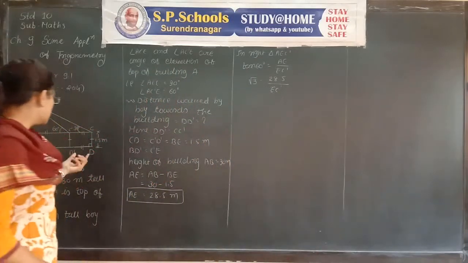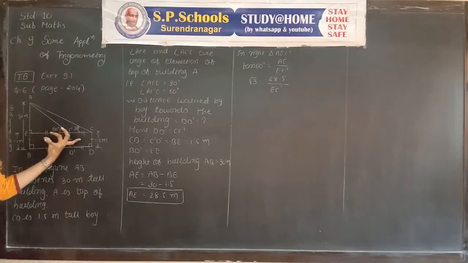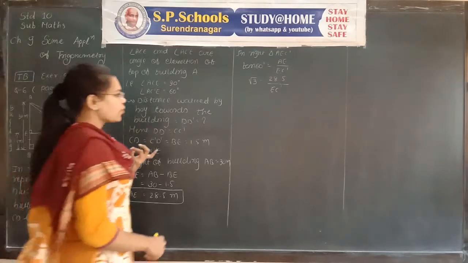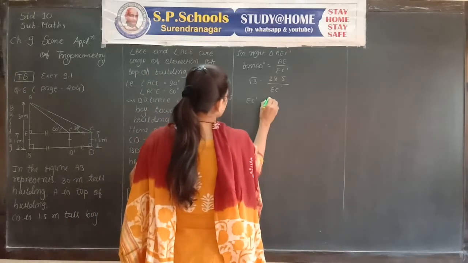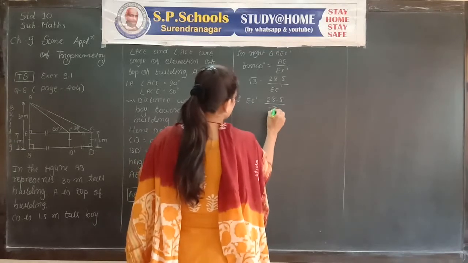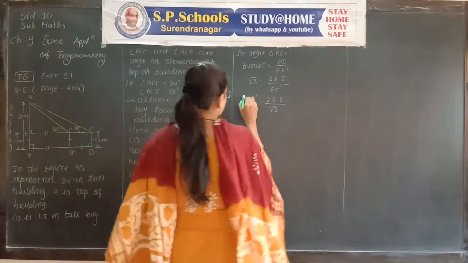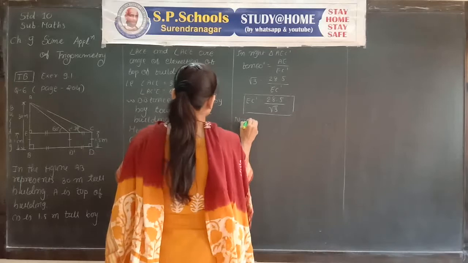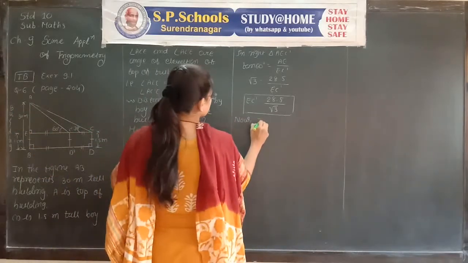To obtain DD dash, we have to subtract EC dash from EC and we obtain CC dash. CC dash and DD dash are both equal. That's why EC dash equals 28.5 upon root 3. It is not our final answer, so we can't rationalize here. It remains as it is.